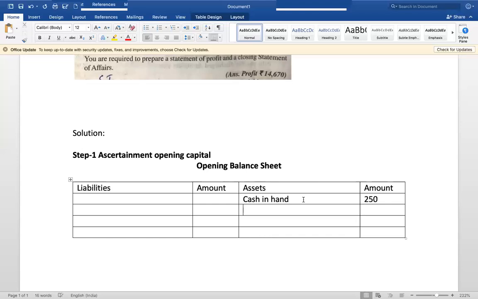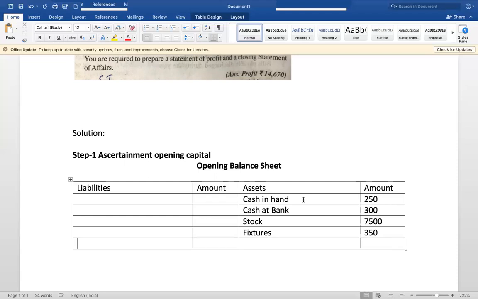Then cash at bank, that is 3,000. Then you have stock, 7,500. Then you have fixtures, 350.